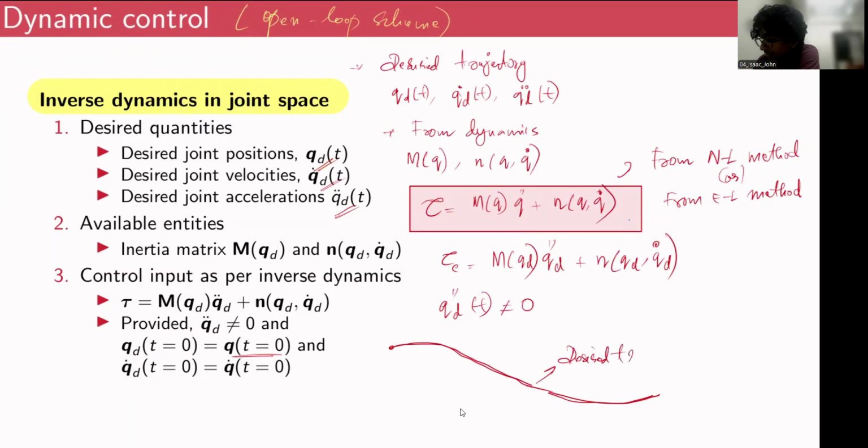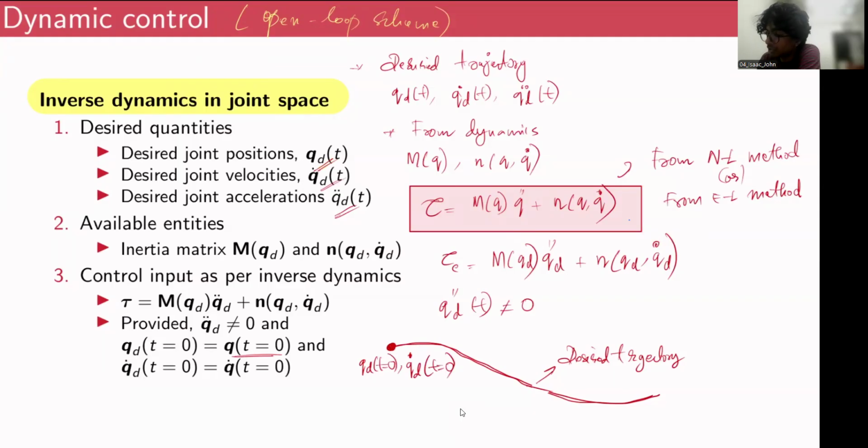I'll specify this point using the position and velocity coordinates, eta desired, or if you want to specify in joint space, that's still fine: Q desired at t equal to 0 and Q desired dot at t equal to 0.